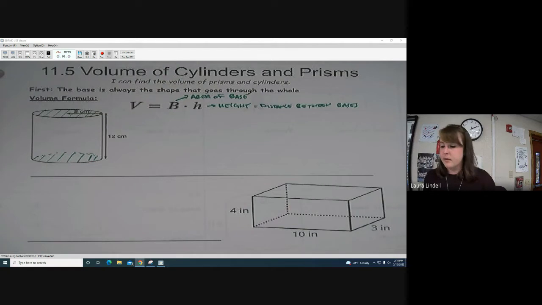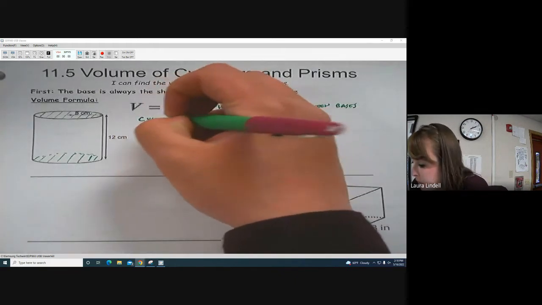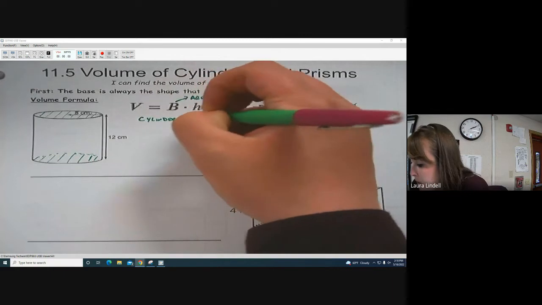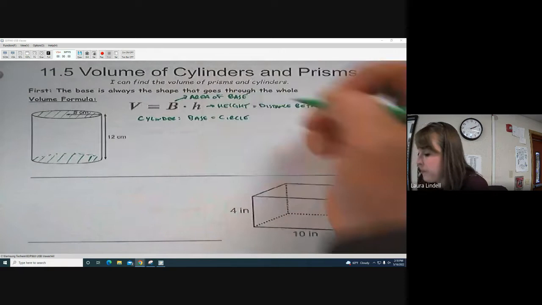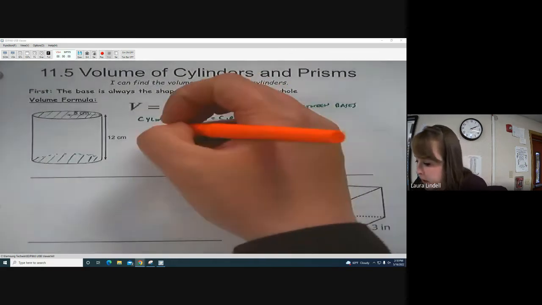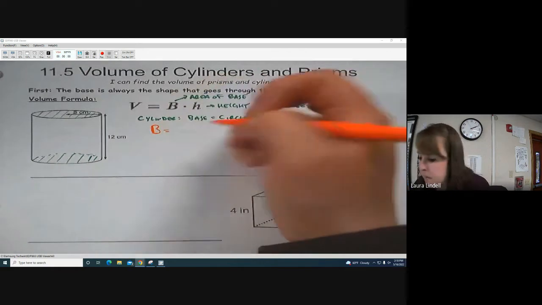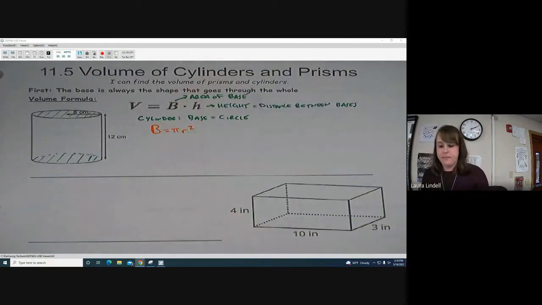So if we're going to find the volume of a cylinder like we are in our first example here, the first thing that we know about a cylinder is that the base is a circle. So if we're going to find the area of the base, we need to find the area of that circle. To find our area of the base, we're going to be using pi r squared, since that's the formula for area of a circle.